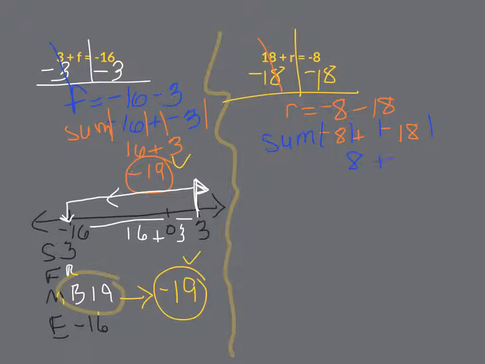Finding the sum, so I'm going to add those together. So absolute value of negative 18 is 18. 8 plus 18. Well, if I forget about the 10 out of the 18 for a moment, I know 8 plus 8 is 16. I didn't actually really forget about that 10, so that makes my answer 26. And they're both negative to begin with, so my answer here is negative 26.